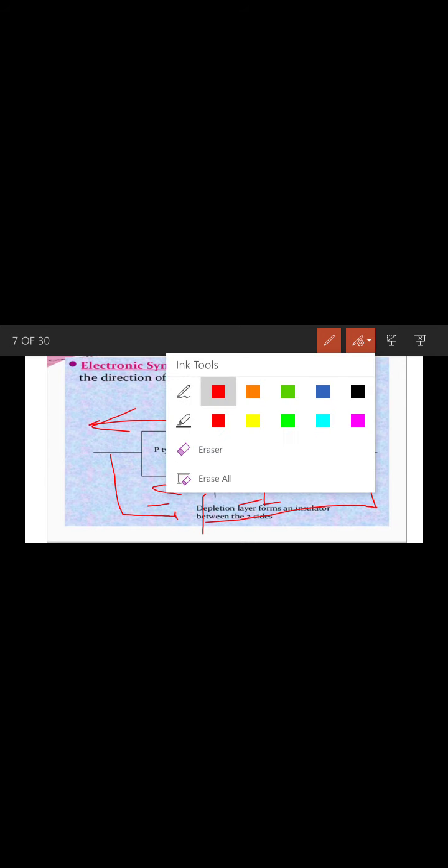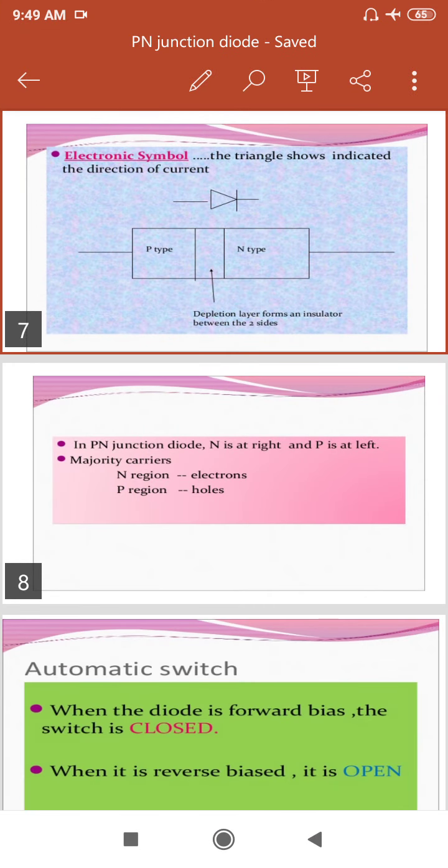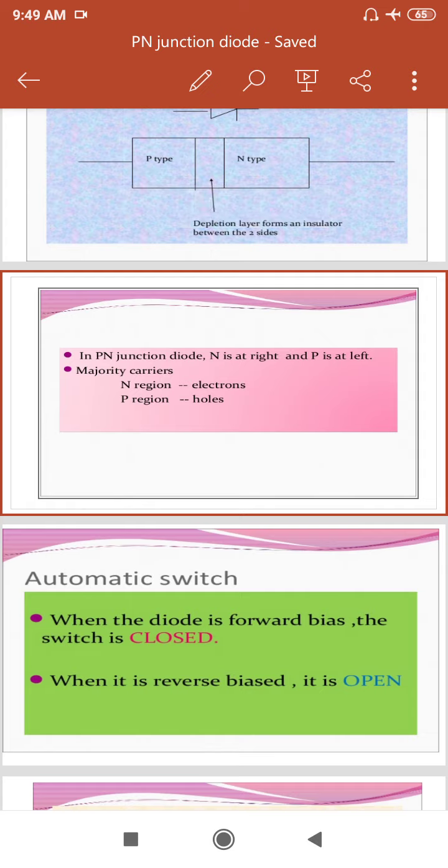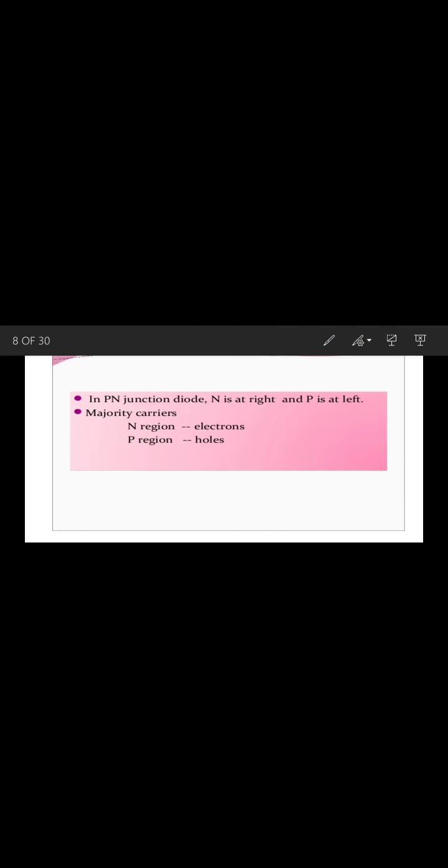These are the properties of semiconductor material. In this slide, in the PN junction diode, P is on the left side and N is on the right side. In the P region the majority carrier is holes, and in the N region the majority carrier is electrons.